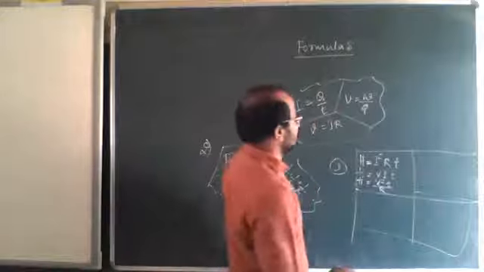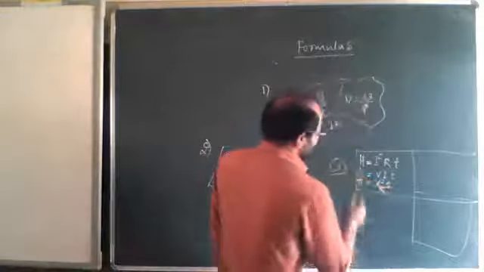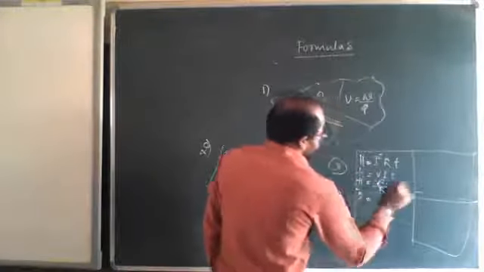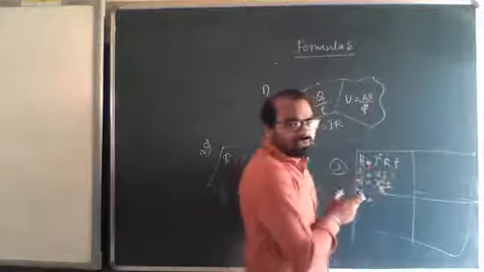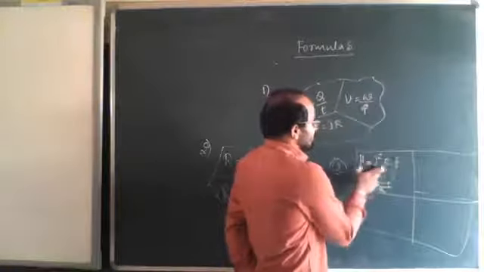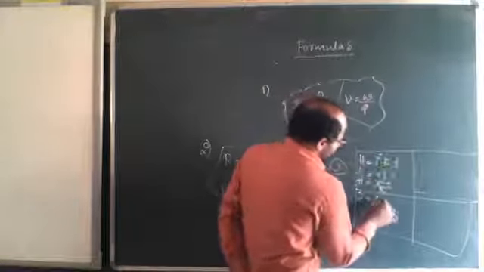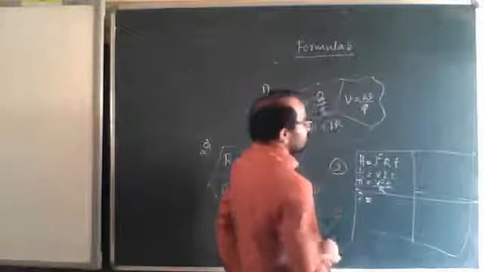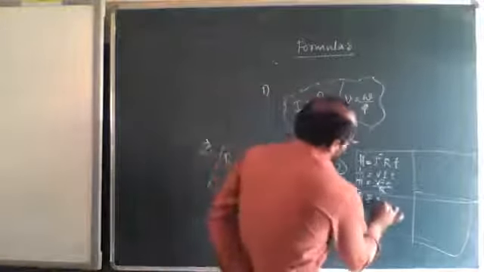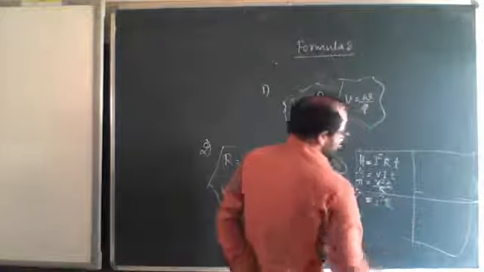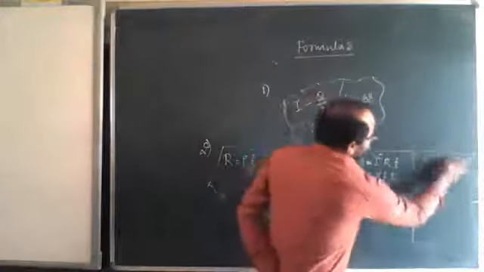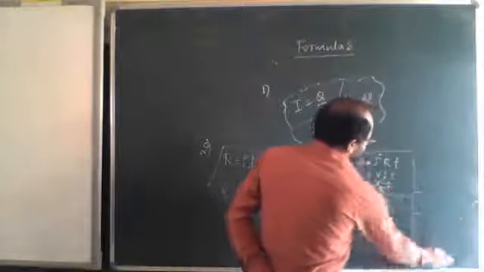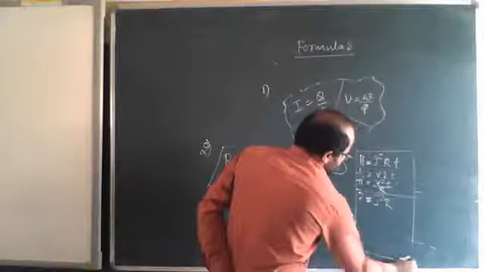Okay. Similarly, you make the formulas for power also. What is power? Energy by time. So heat energy by time. This time will go. Power is equal to what? What is remaining there? I square R will come for the first formula.